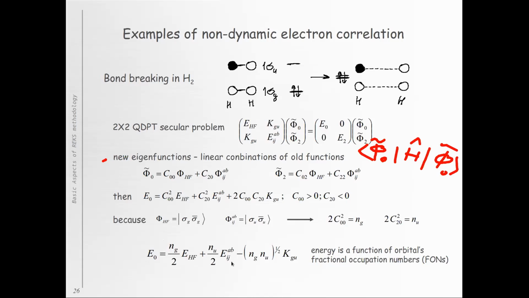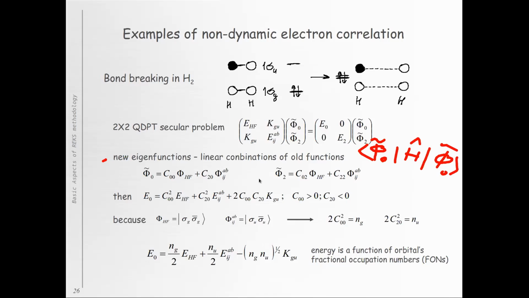And there will be some coupling term between the two electronic configurations. This coupling term originates from electron-electron repulsion. It is negative, because we have solved this equation, and the contribution of this term will have a minus sign.